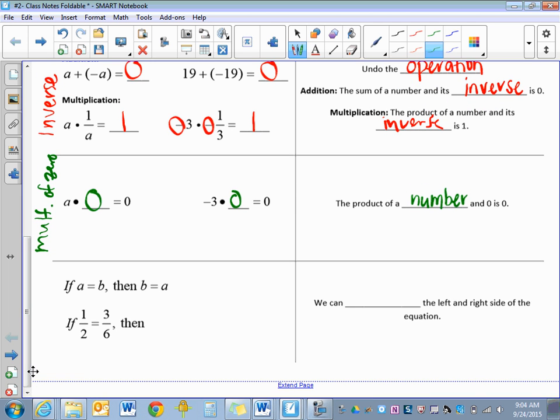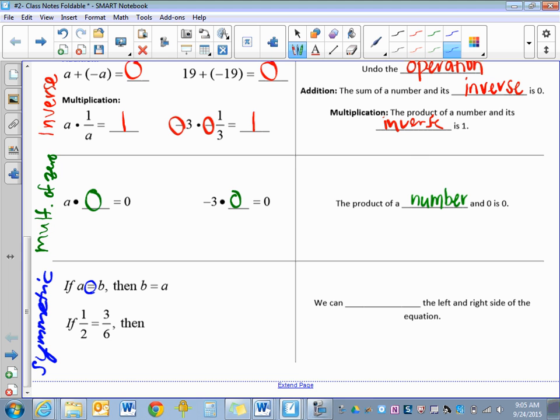Then our last one is the symmetric property. If A equals B, then B equals A. This looks kind of similar to our commutative property, but we're talking about two things being equal to each other.